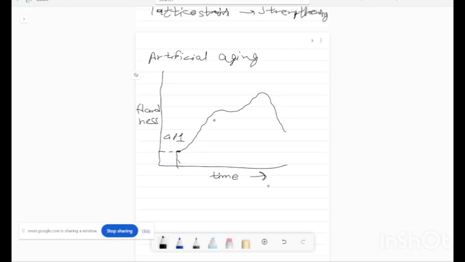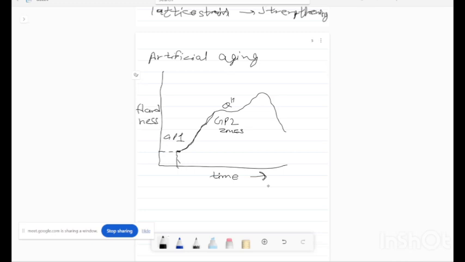As the GP zone forms, the hardness increases as more atoms attach to that cluster, meaning the thickness of the cluster is increasing. So after some thickness, theta double prime is formed. The theta double prime is also called the GP2 zone, which has higher thickness as compared to the GP1.